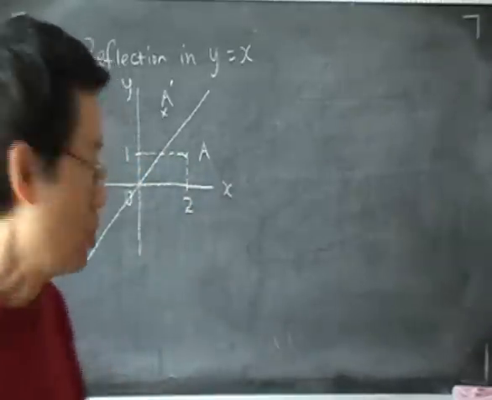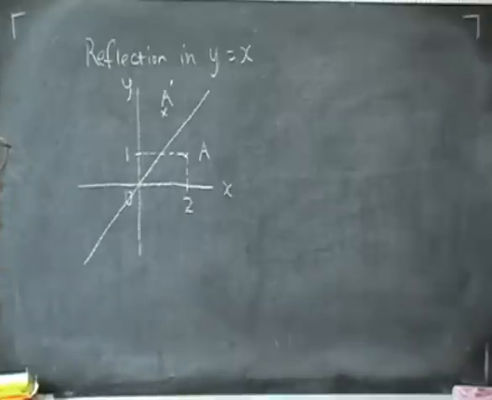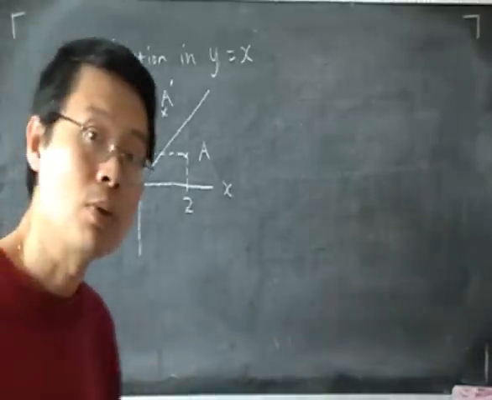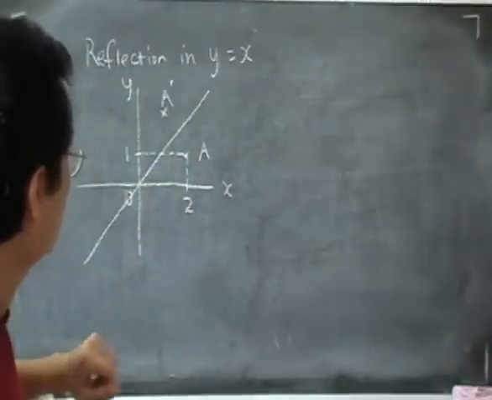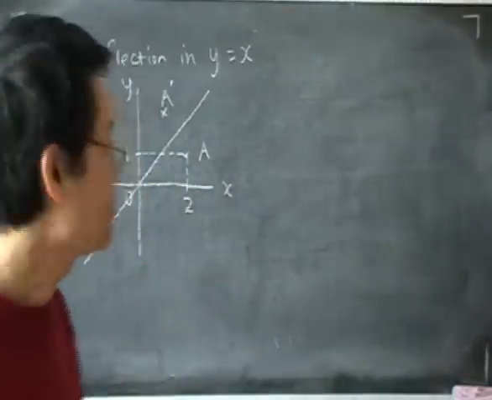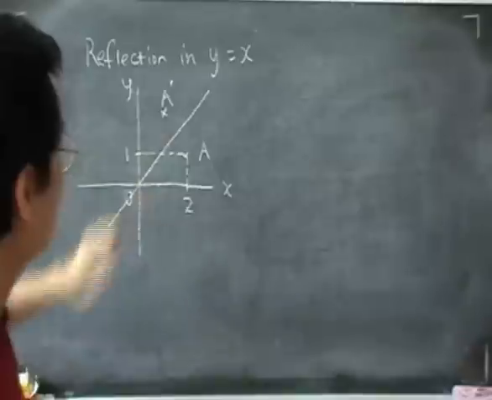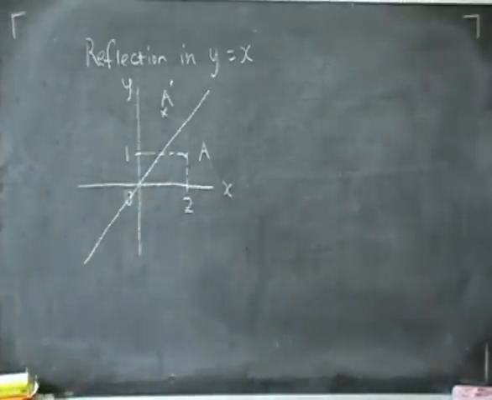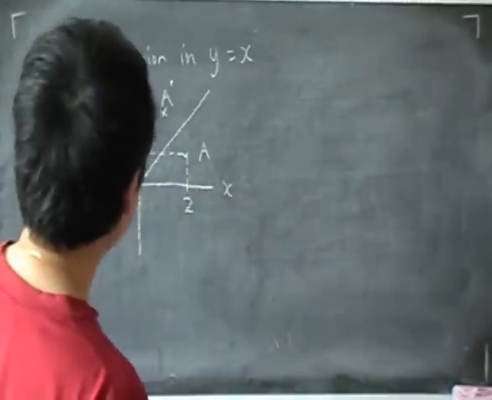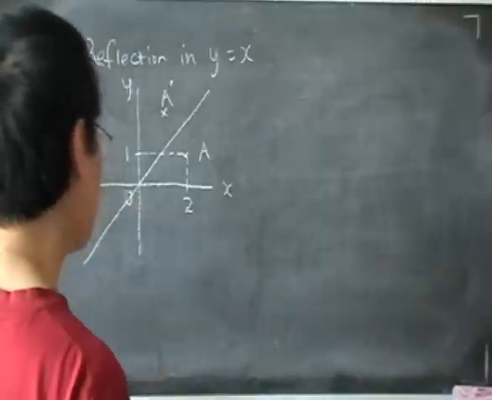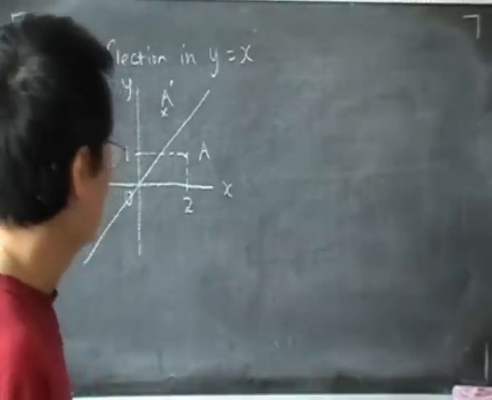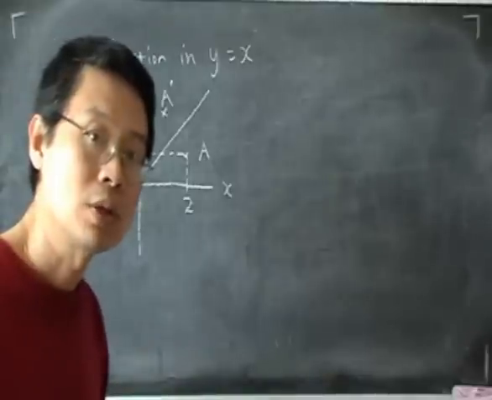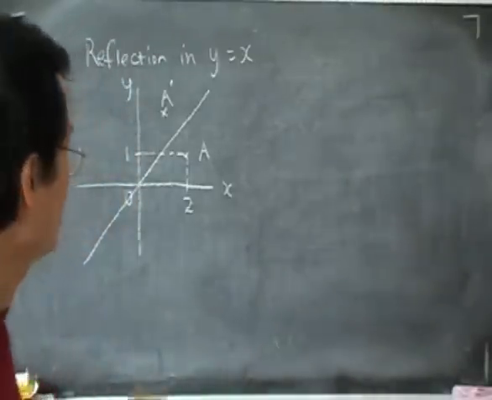You can see that it forms a rectangle. And to think about reflecting this rectangle in this line, it's easier to think about reflecting the corners of the rectangle one by one.